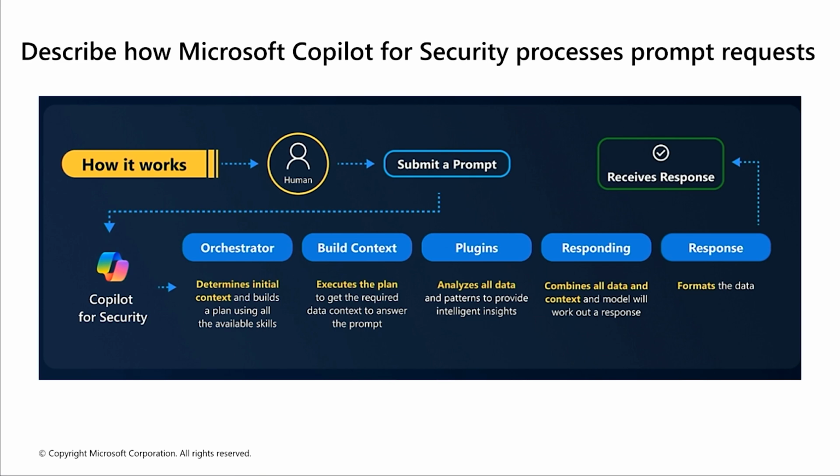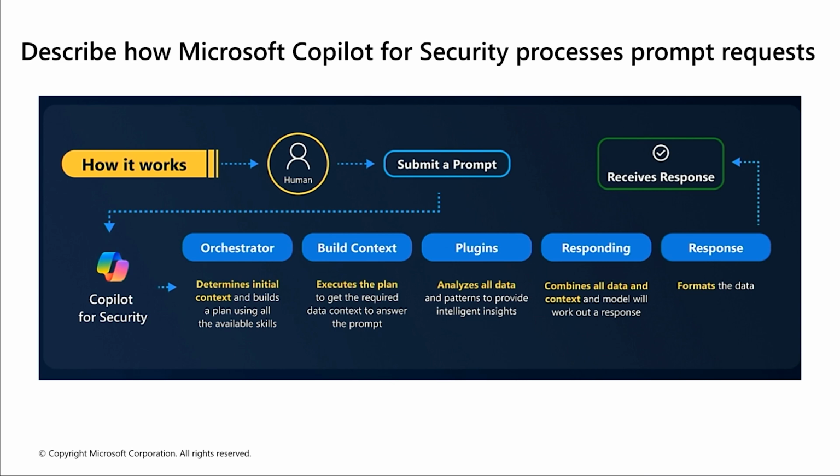If you look at this workflow diagram, you'll see how Copilot for Security processes your prompts. It starts when a user submits a prompt in the prompt bar. The information is then sent to the Copilot backend orchestrator. The orchestrator determines the initial context and builds a plan using all the available capabilities.